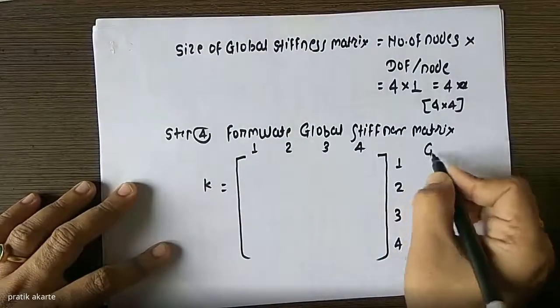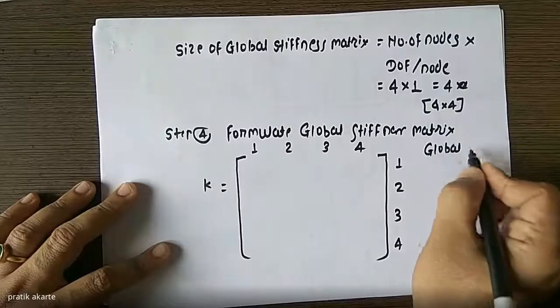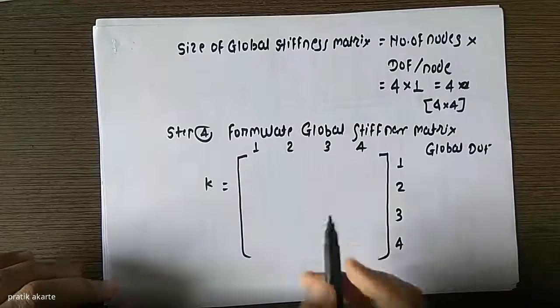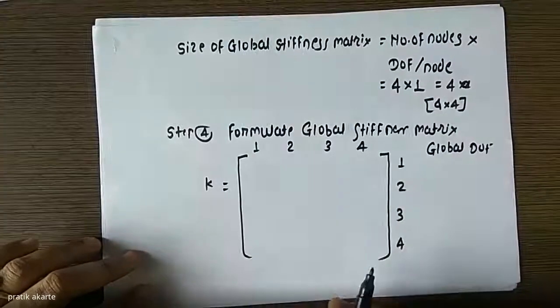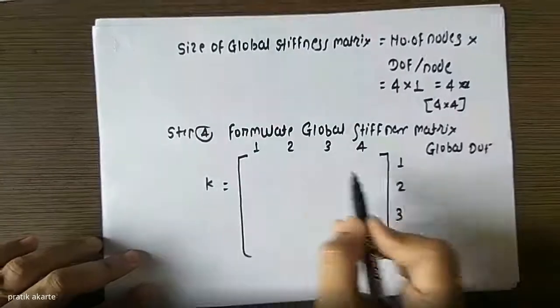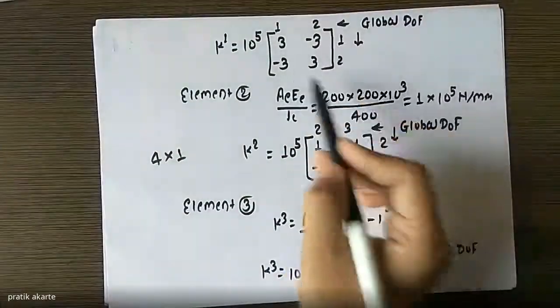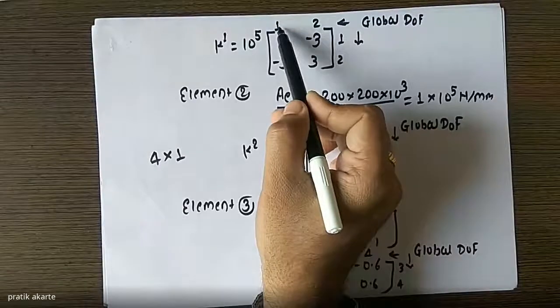These are the global degrees of freedom. First I'll find out what is 1, 1. So I go to my element stiffness matrix and find what is 1, 1.